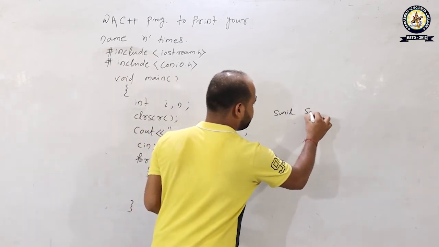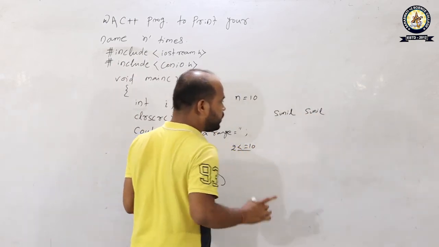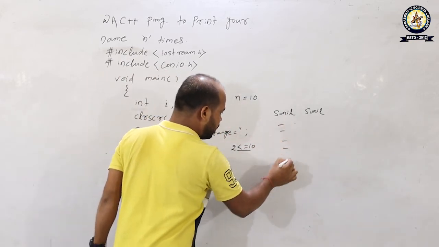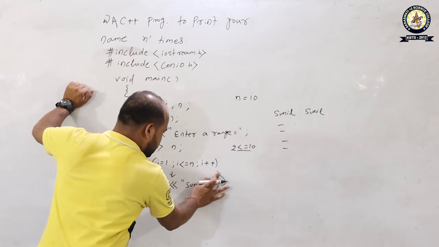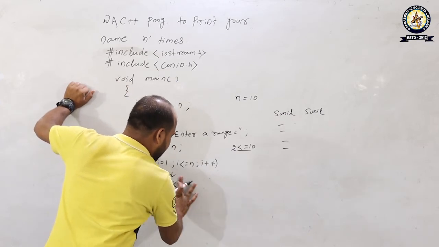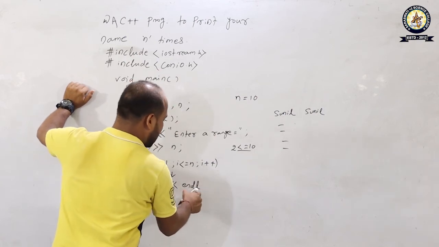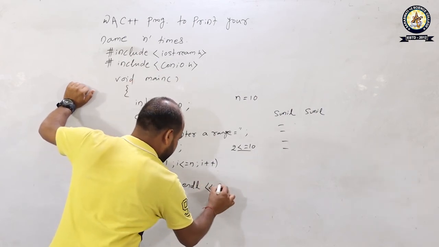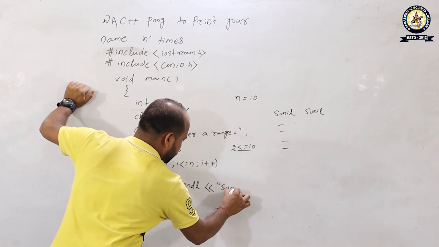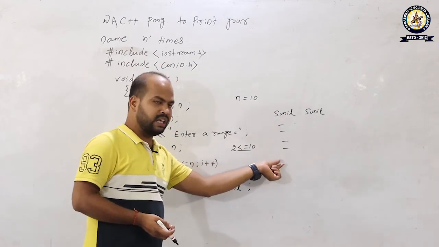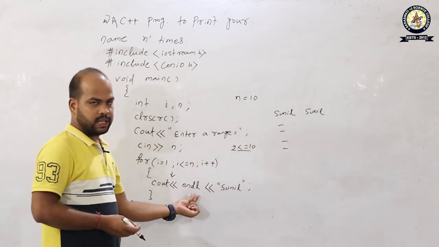Suppose you want to print your name line by line, then you have to use one keyword, that is endl. That means end line. So if you want to print it line by line, then you have to use the endl keyword.